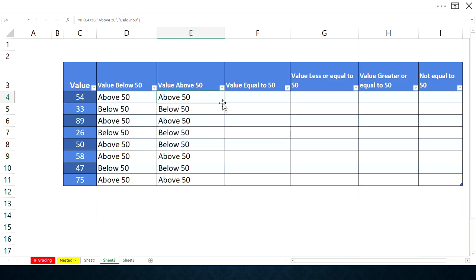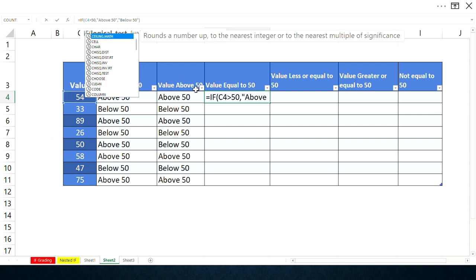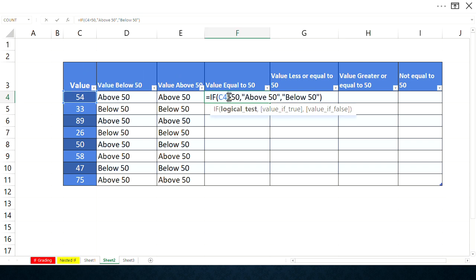Then we go on to see for cases where the value is equal to 50. We also test, as it were, is the value in test equal to 50? Then we put the resulting condition of true, equal to 50.